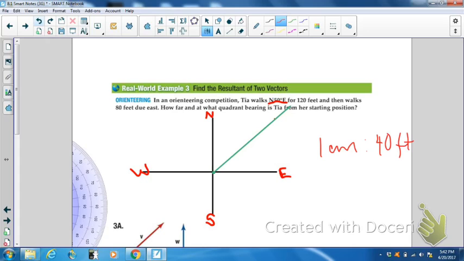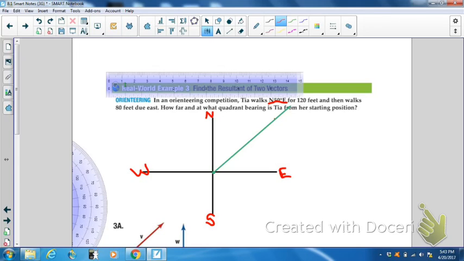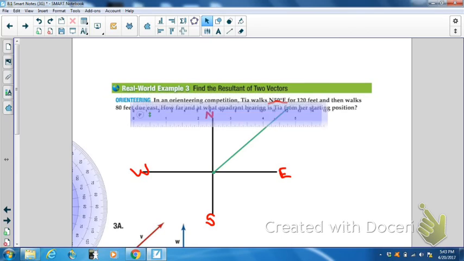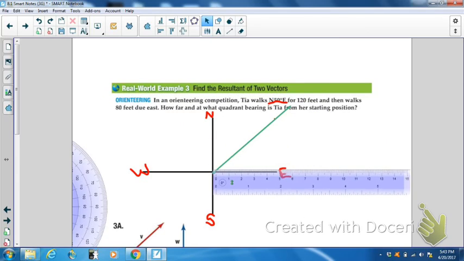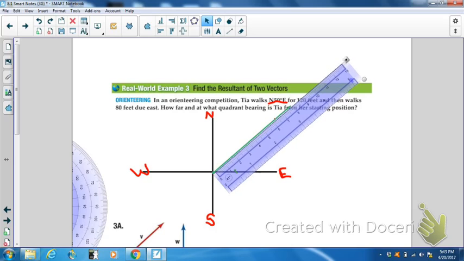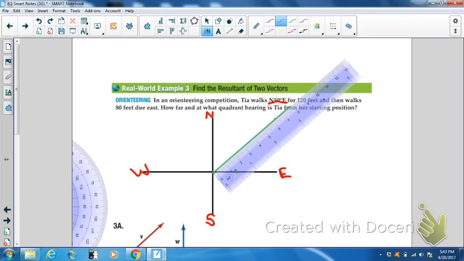So when I measure off with my ruler, I want to measure off 3 centimeters because that's going to be equivalent to 120 feet.